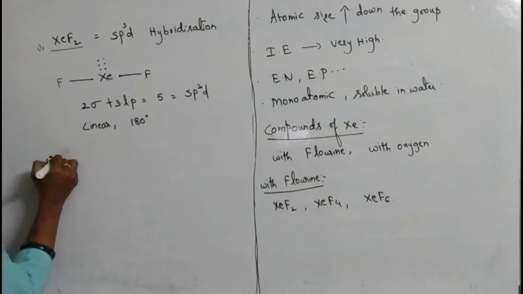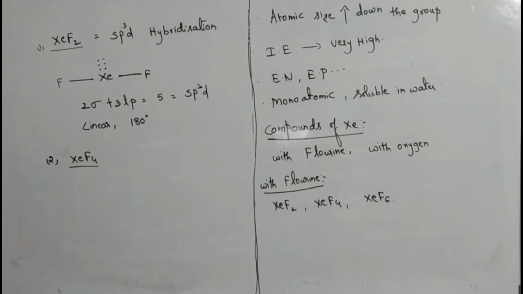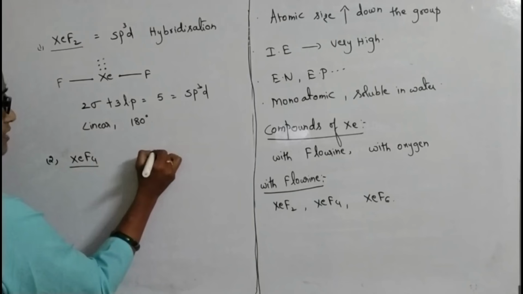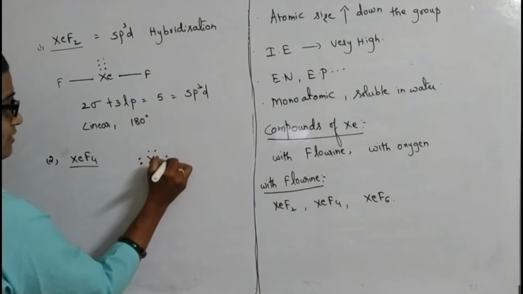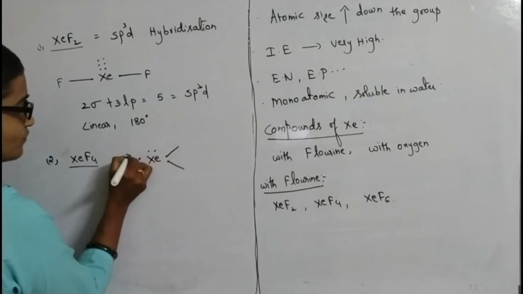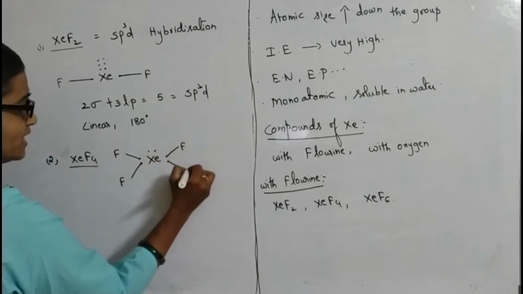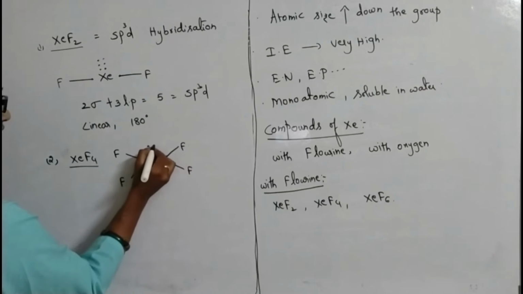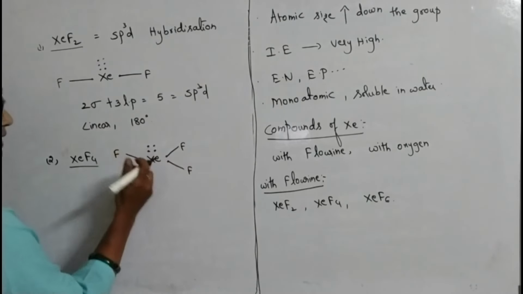Same like that, if you go for XeF4, look at the structure. Xenon has 8 valence electrons. With 4 of them, it forms 4 bonds with 4 fluorines. How many electrons are left over? 1, 2, 3, 4, 5, 6, 7, 8. 2 electron pairs are left over.